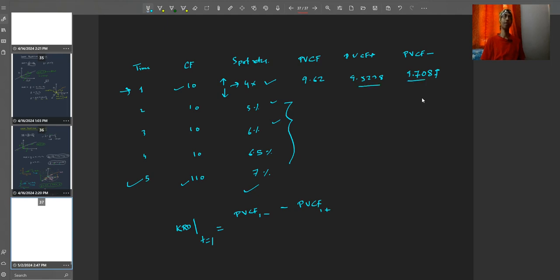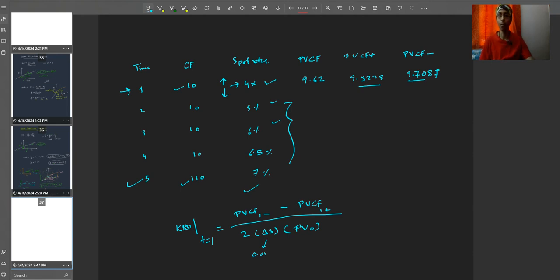PVCF minus for the cash flow at t is equal to 1 minus PVCF plus for the cash flow at t is equal to 1. This divided by 2 into quantum of the change of the spot rate, which is equal to 0.01 basically. This is 0.01 multiplied by PV0. What is PV0? PV0 is basically the sum of the PVCF for all these spot rates.